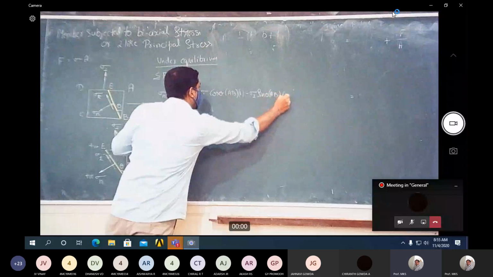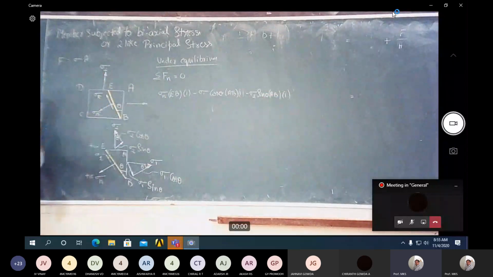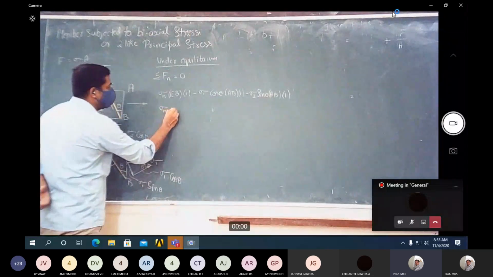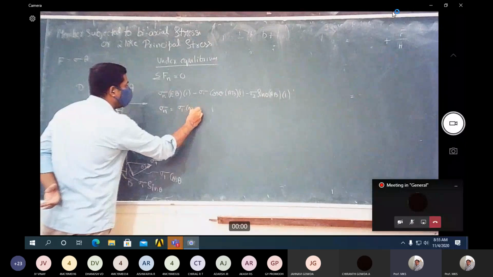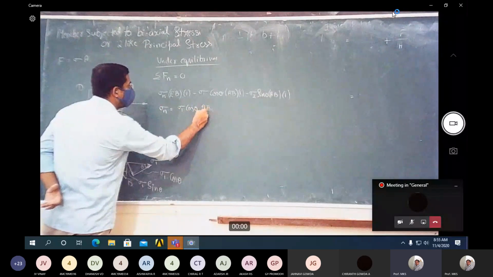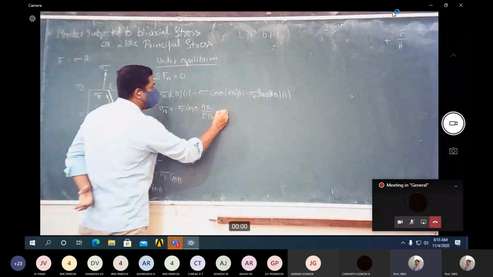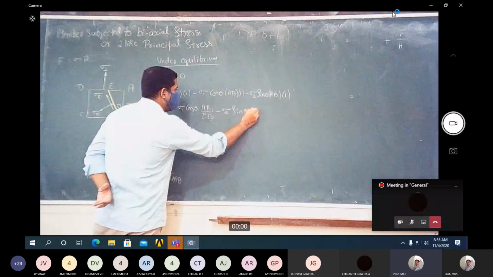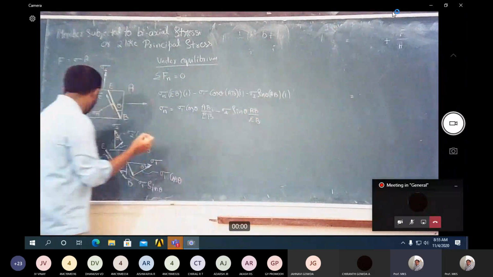AB into 1. Now I just rearrange these components. Therefore, sigma n will be equal to sigma 1 cos theta into AB by EB, minus sigma 2 sin theta into AB by EB, right?